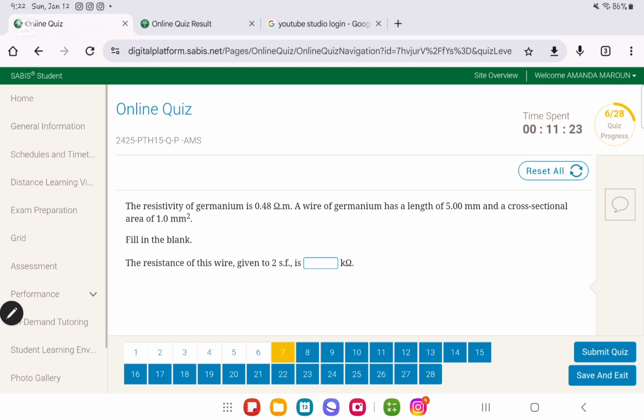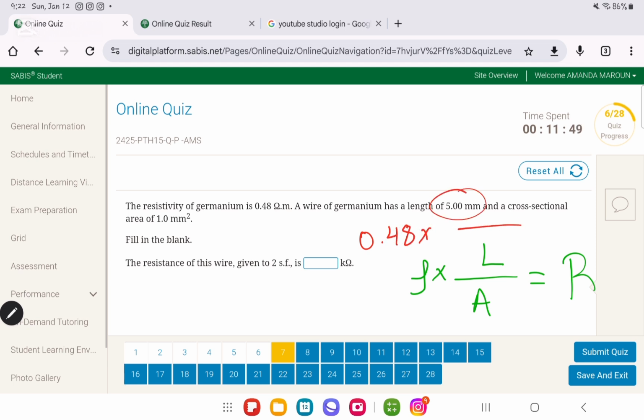Question number 7, again we are following this rule, the resistivity rule, in which the resistivity multiplied by the length divided by the area is equal to the resistance. Okay? So the resistivity is given to us as 0.48 multiplied by the length, which is in millimeters.